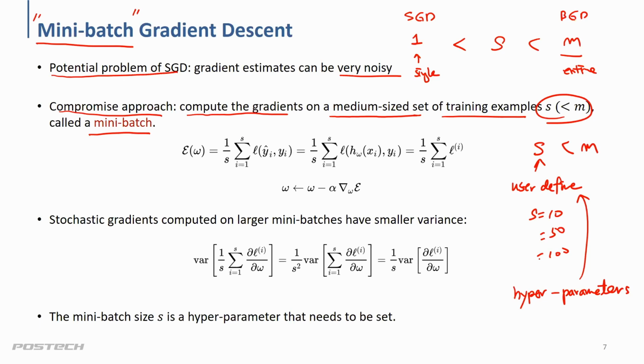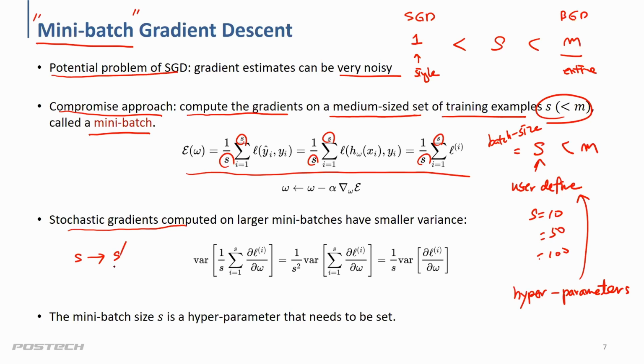This looks exactly the same as batch gradient descent, except for the batch size, which is S. If you increase the batch size, you will have a smaller variance.